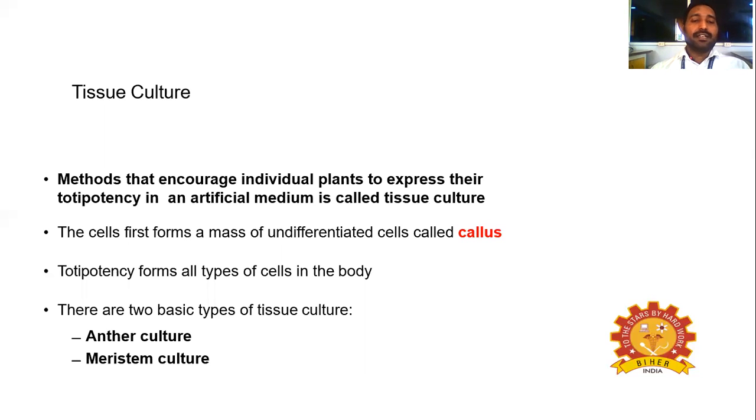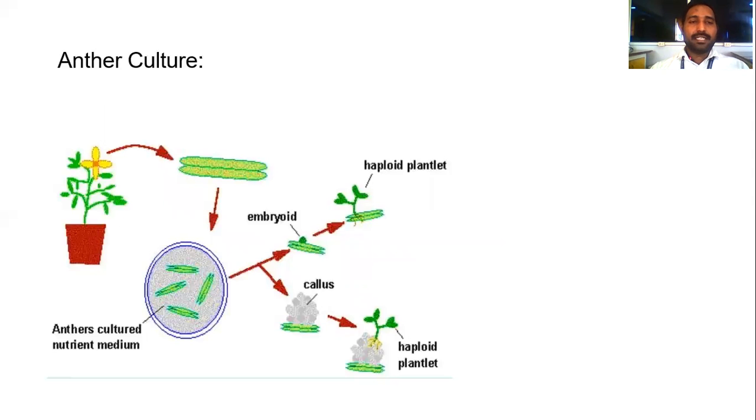Here we have two types of tissue culture. The first one is anther culture, and the other one is meristem culture. In anther culture, you take the anthers and culture them in a nutrient medium, and this medium provides a lot of nourishment to the cells, leading to callus generation.